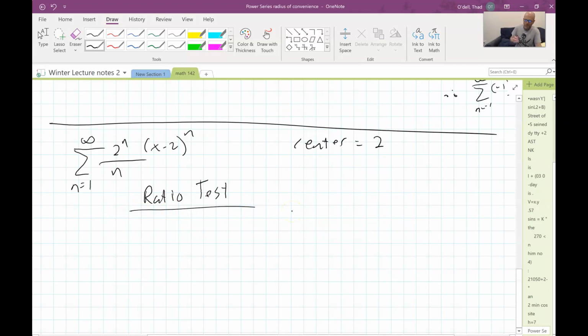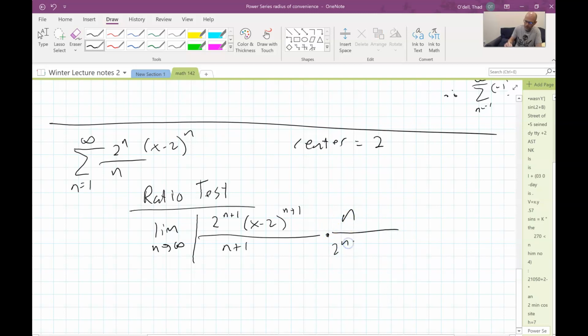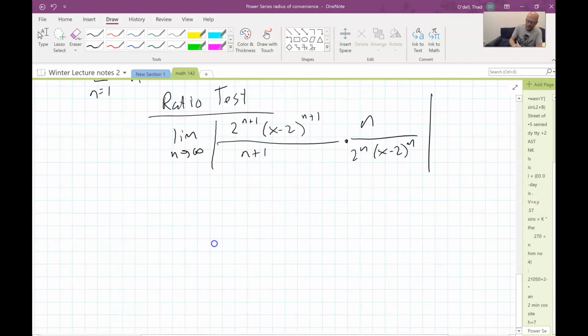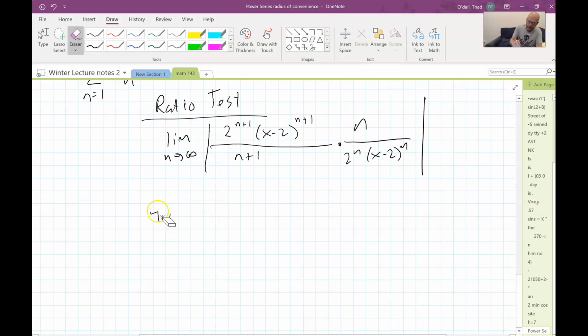So the ratio test: the limit as n approaches infinity of the absolute value of 2 to the n plus 1 times x minus 2 to the n plus 1 all over n plus 1, multiplied by n on top, 2 to the n on the bottom, and x minus 2 to the n on the bottom. That's the value. Simplify like we usually do in the ratio test.